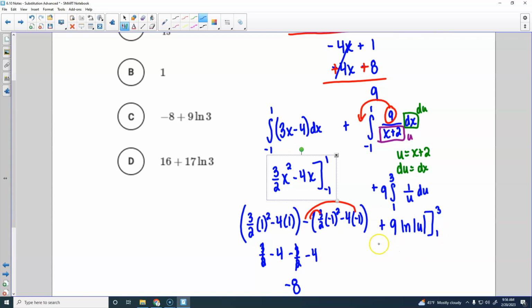No, it's going to be C. So I've got 9 times natural log of 3 minus natural log of 1. What is the natural log of 1? It's 0. So since natural log of 1 is 0, I'm just going to get plus 9 natural log of 3, which is C.